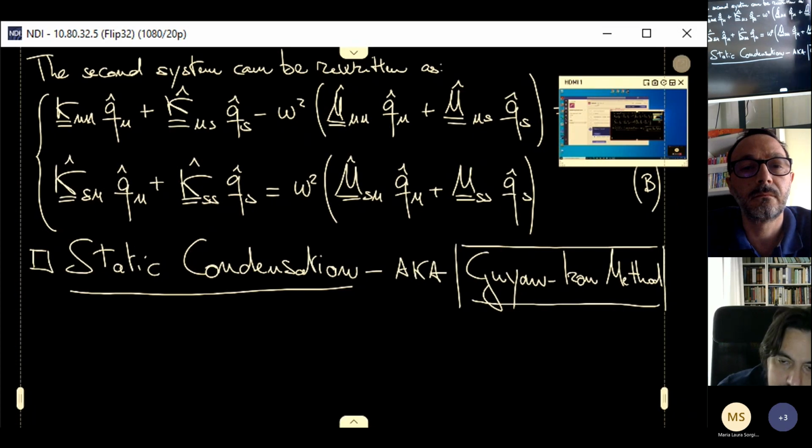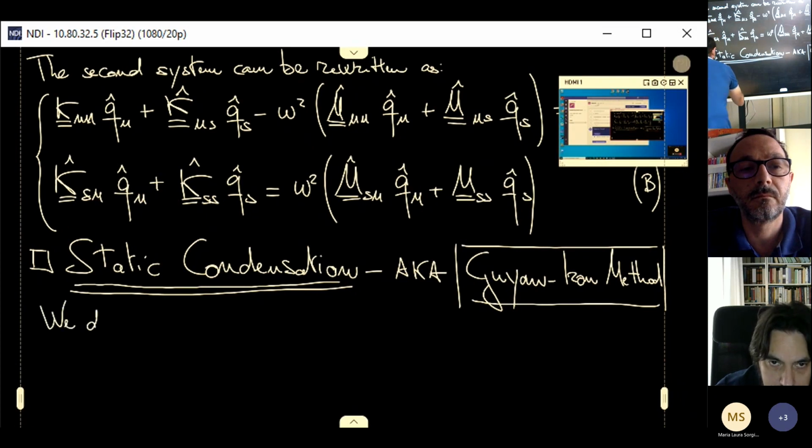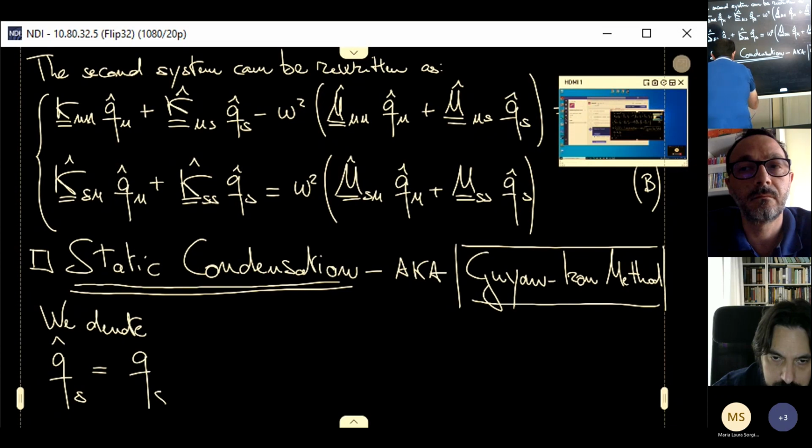You can already have a hint at what is the idea of this static condensation. So we denote the slave vector of coordinates in two parts, always in the frequency domain. A static component, Q_SS, plus a dynamic component.